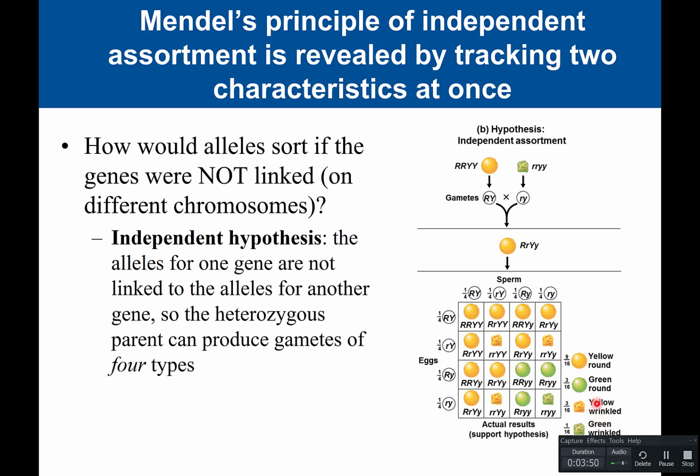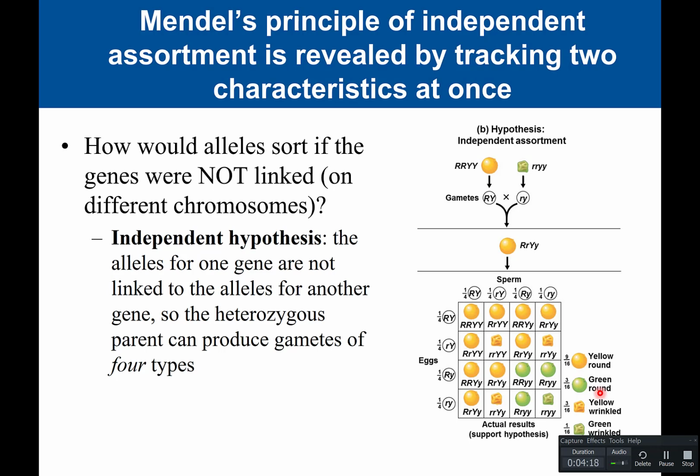Notice that with the independent hypothesis, we have these new combinations that weren't seen before. Before it was either always yellow and round or green and wrinkled. But now, because these genes assort independently, we get more diversity. We can have green and round and yellow and wrinkled. And this is actually what Mendel saw when he did his experiments. He saw that these genes assorted independently.